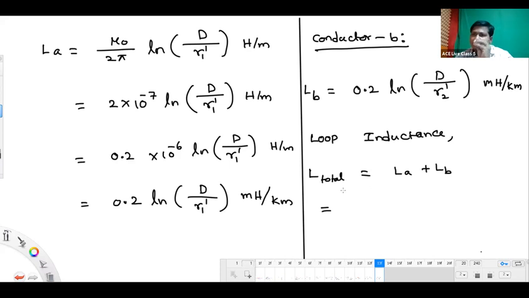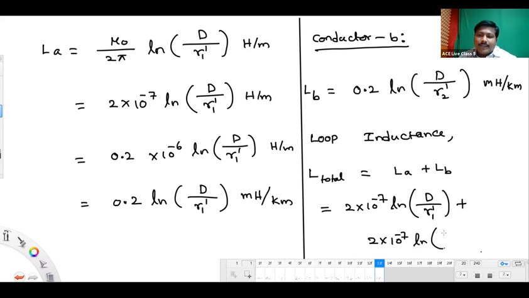LA you know already: 2 into 10 power minus 7 natural logarithm d by r1 dash Henry by meter, plus the second one is 2 into 10 power minus 7 natural logarithm d by r2 dash, in terms of Henry by meter.